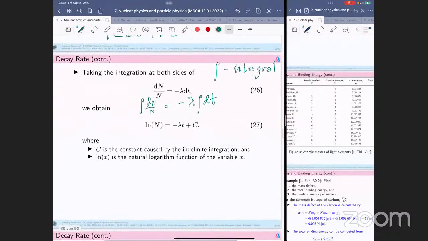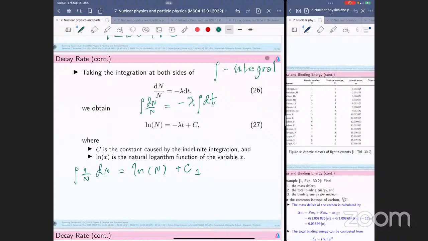And basic calculus will tell you that the integration of 1 by N dN is equal to the natural logarithm of N plus c1. This c1 is the constant from the indefinite integral.